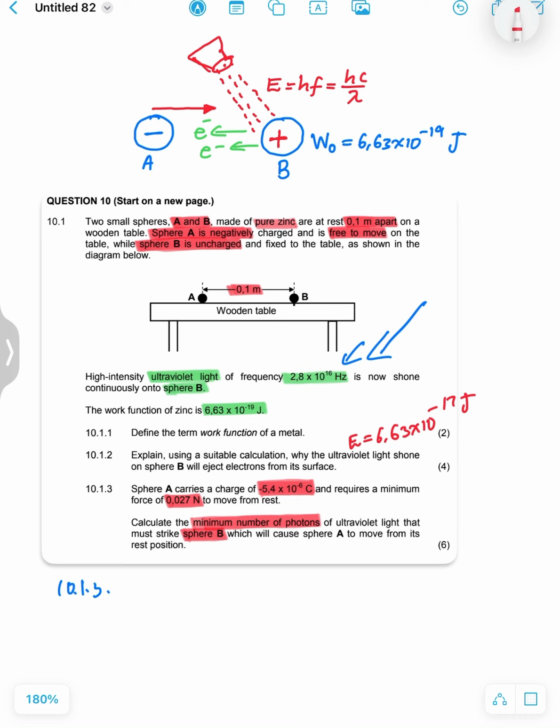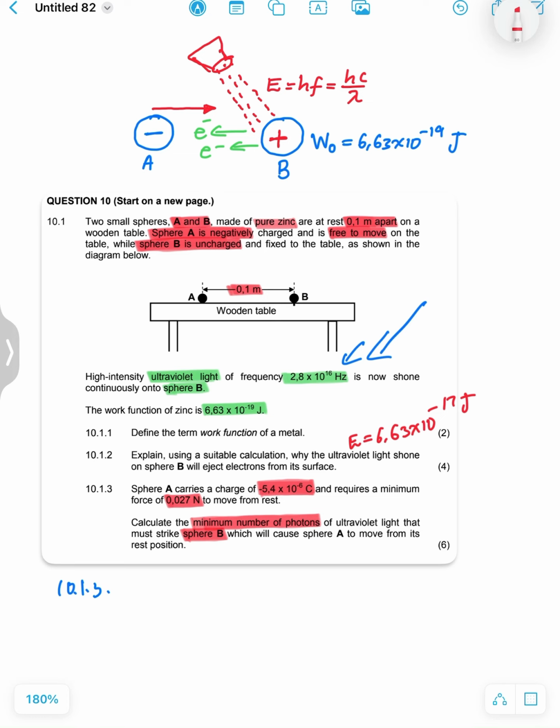its rest position. So remember we said that because sphere A is negatively charged and sphere B is neutral, when you shine a light on sphere B, the electrons will be ejected, and then it will go from being neutral to being positively charged, because the electrons will leave, and the number of protons will now be more than the number of electrons. In that case, sphere B will be positively charged.